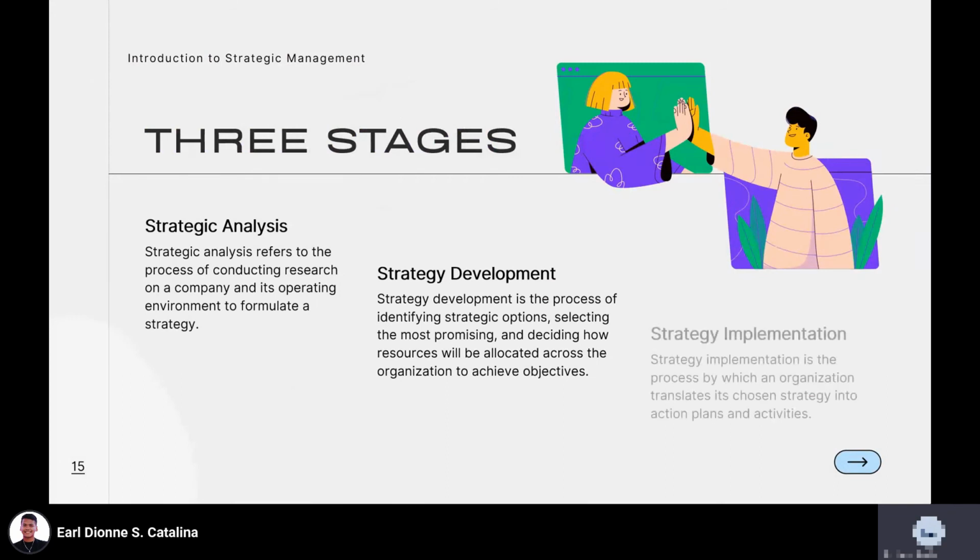After the development phase of the organization's strategy, the next stage is implementation, which includes the tasks of preparing the actors, resource allocation, and budget planning, accounting, and controlling procedures. Strategy implementation is the process by which an organization translates its chosen strategy into action plans and activities.